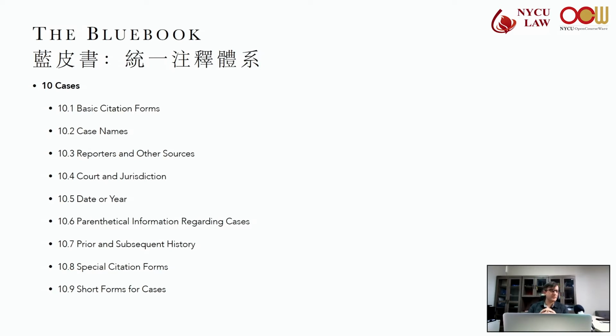Now, of course, if there are local rules, like if you're submitting to state court, you need to follow the rules in citing court cases. So the local rules always will trump the citation rules in table T1.